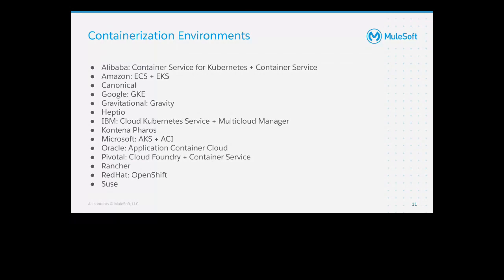That's an interesting one because that's the Kubernetes distribution that MuleSoft used for the first version of Runtime Fabric. So everything version 1 to 1.7 uses Gravitational's Kubernetes distribution as the underlying technology. And then, of course, Microsoft, Oracle, Rancher, all these different environments came from different areas with different customers in mind.